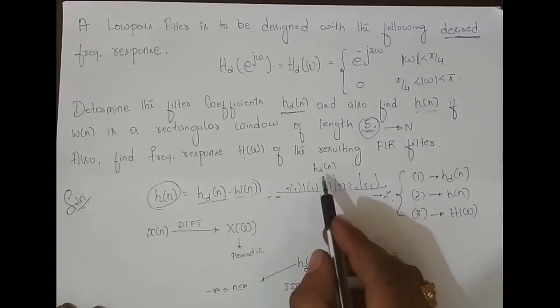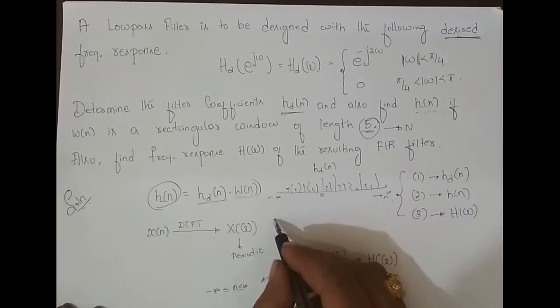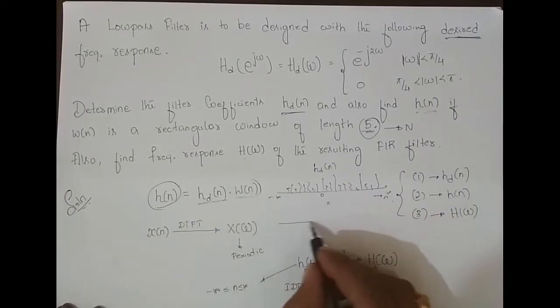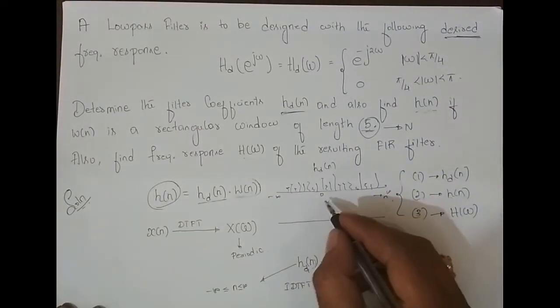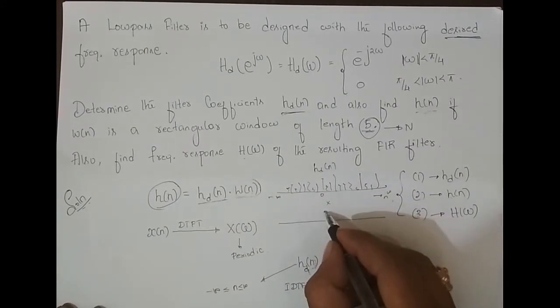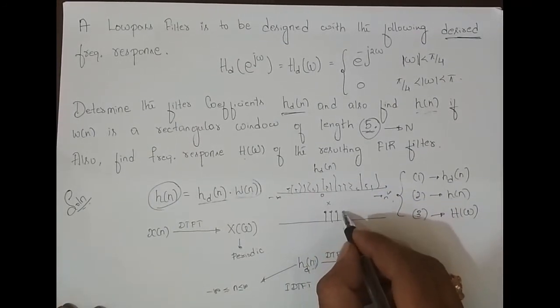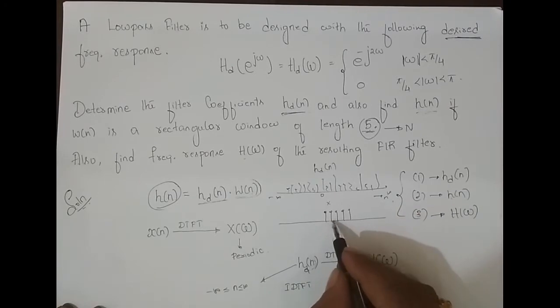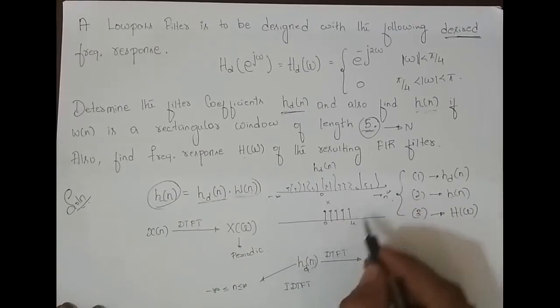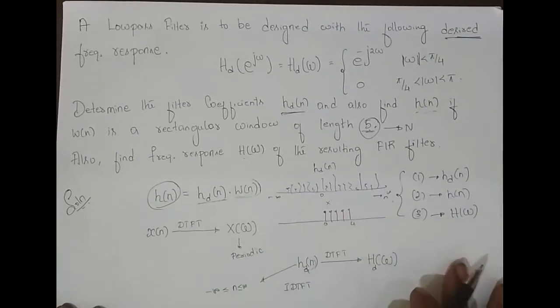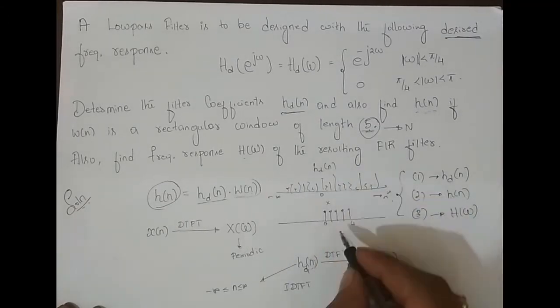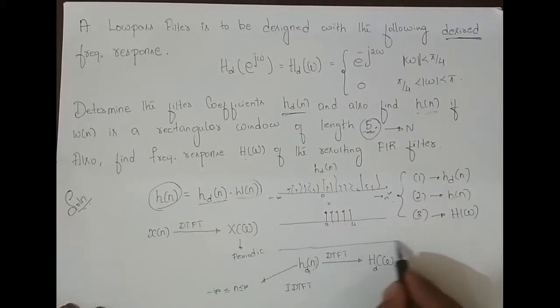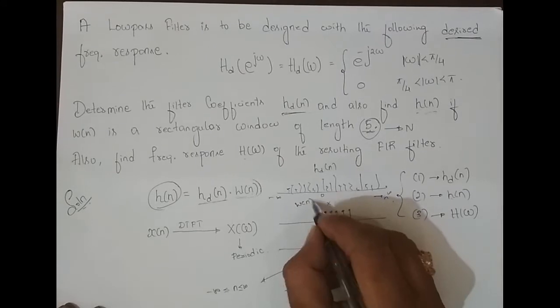Now since I need to make it finite, I multiply this signal with a window function, which is 1 depending upon the length. In our case 1 2 3 4 5, that is 0 to 4, including 0 the length is 5. This is w of n.